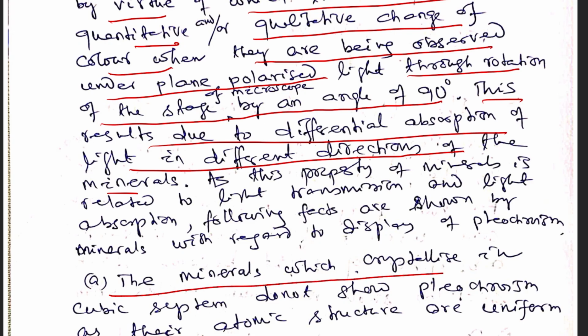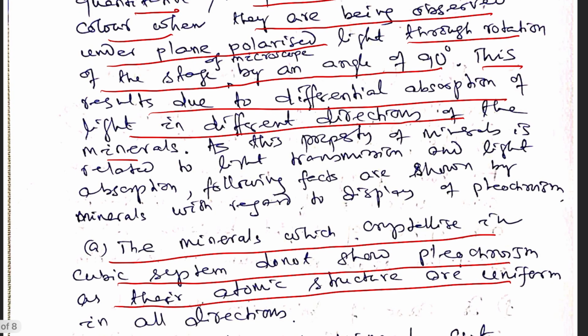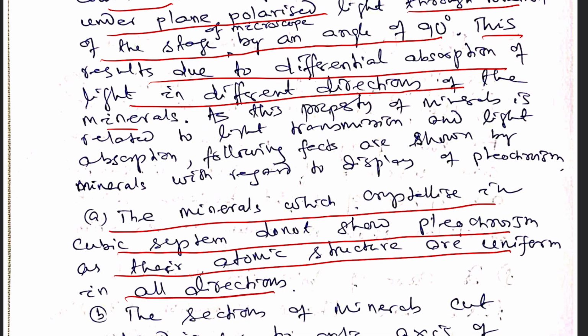The minerals which crystallize in the cubic system do not show pleochroism, as their atomic structure is uniform in all directions. We know the minerals which crystallize in the cubic system are isotropic.